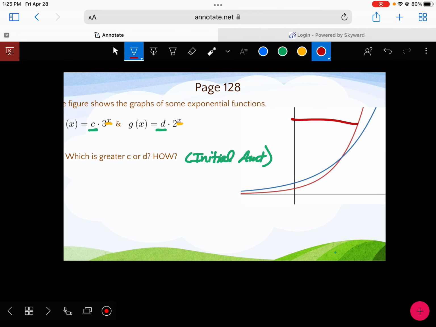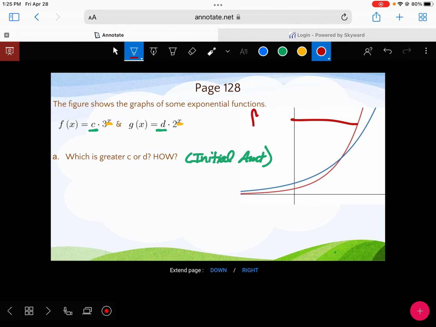So that means this one belongs to f of x equals c times 3 to the x power, because it is growing more quickly. Going up faster.